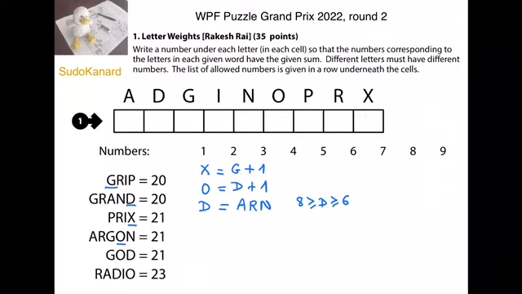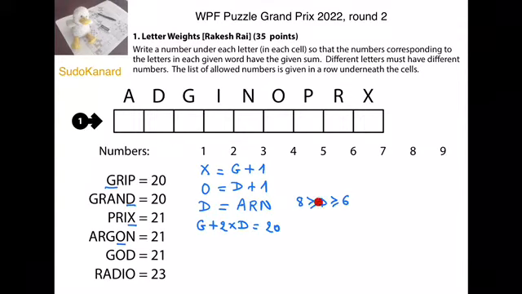Something else of interest is that O is D plus 1, so D is 1 less than O, and we can see that G plus 2 times D is 20. I've just removed O and replaced it by D by subtracting 1 from all of this.